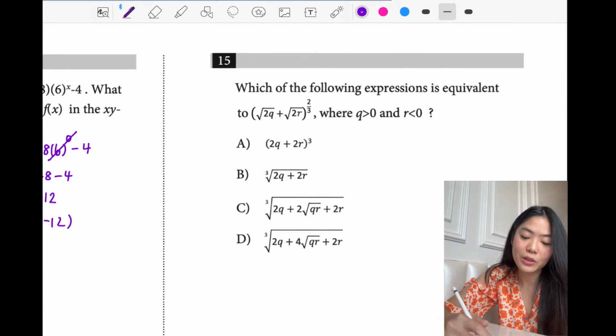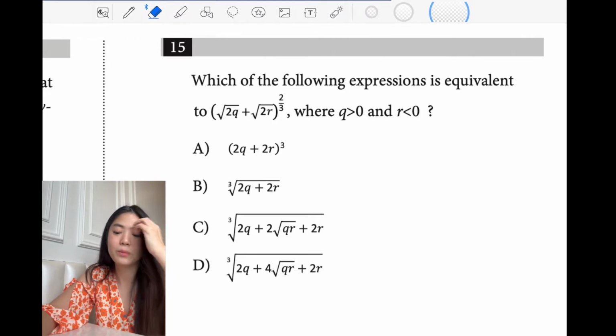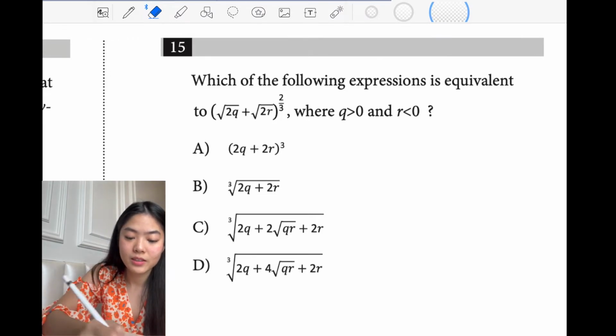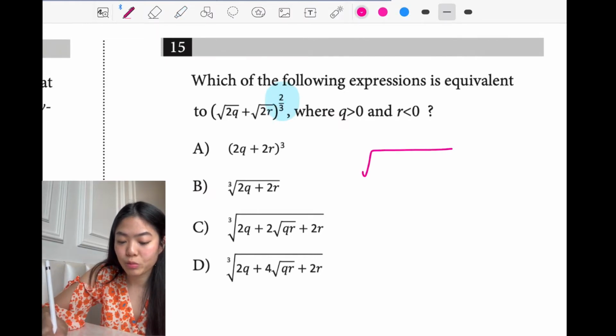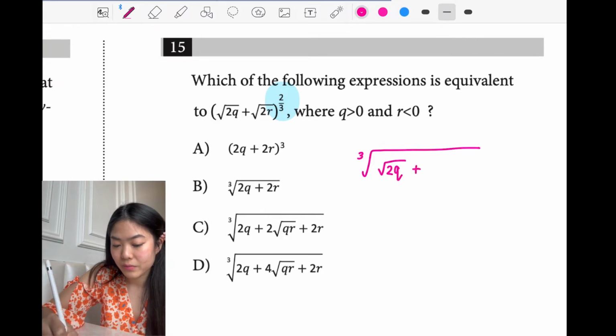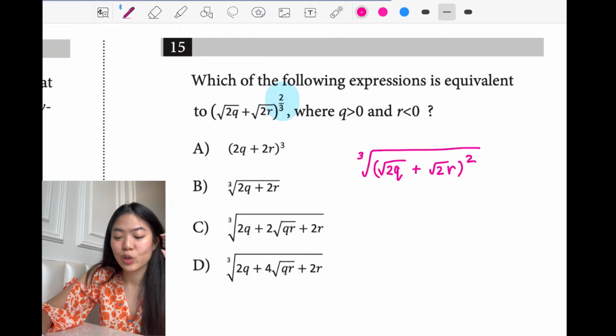Okay, next one, question 15. Which of the following expressions is equivalent to this? So I'm going to write the cube root of this whole thing, and we can square these two terms.